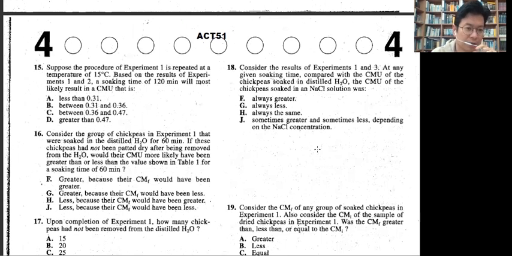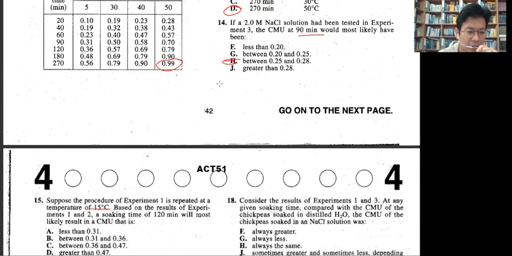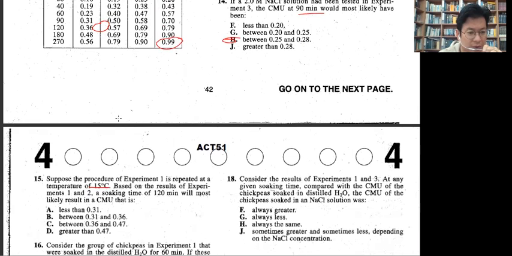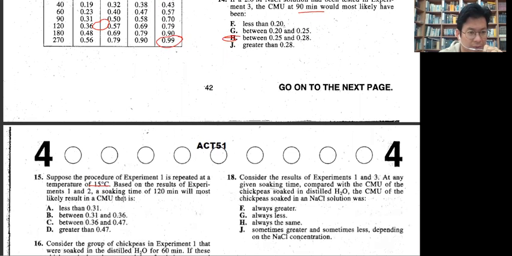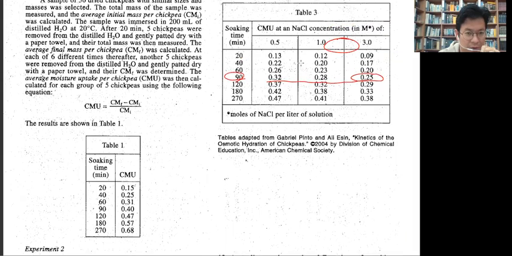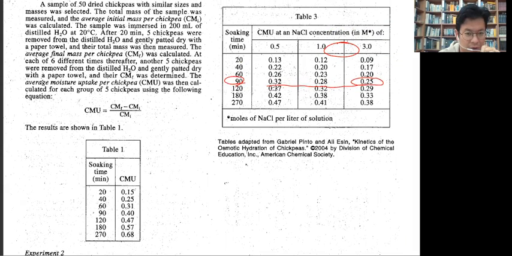And 15, suppose the procedure in experiment 1 is repeated at a temperature of 15 degrees Celsius. Results of experiment 1 and 2, soaking time at 15 degrees. Here, soaking time is 120. Okay. So it has to be between, so these two are not. 120.